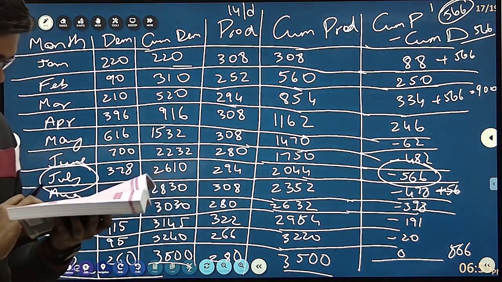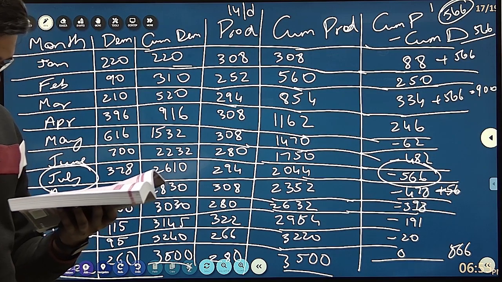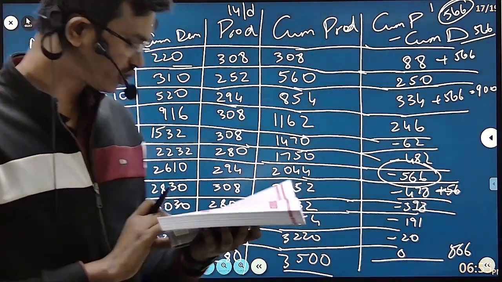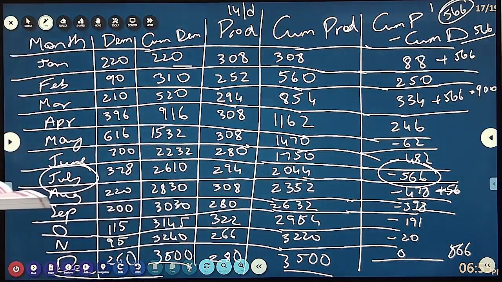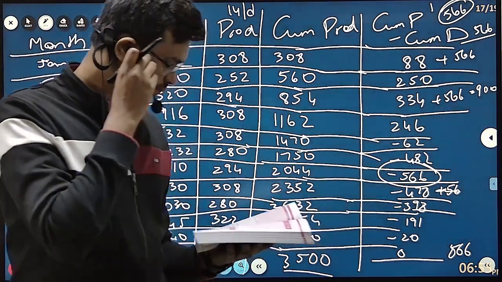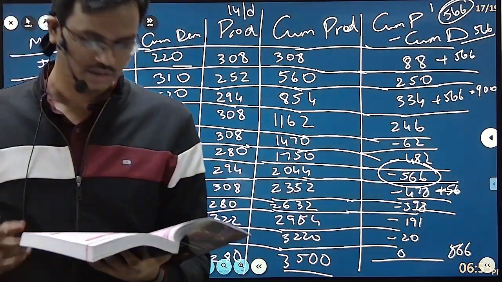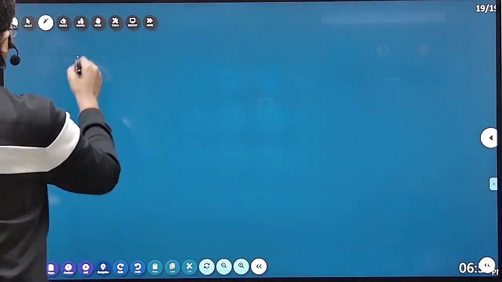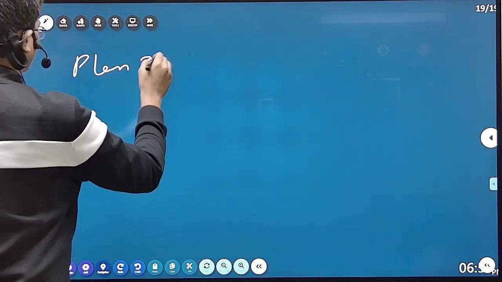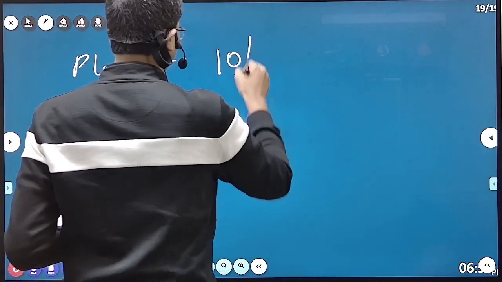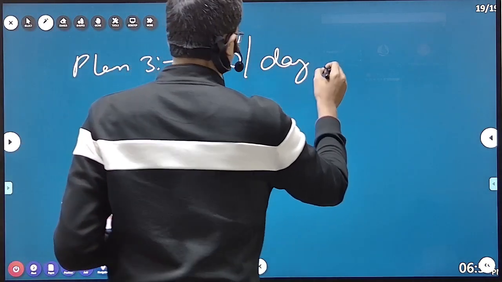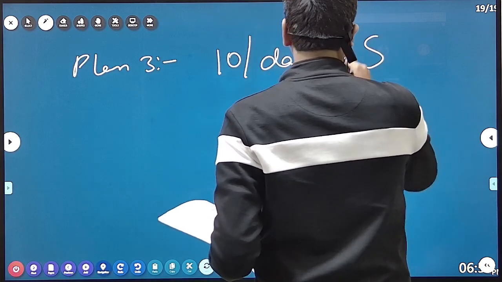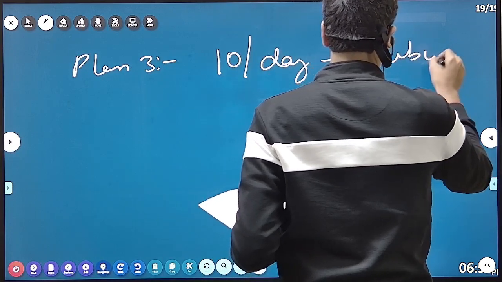The fourth plan is to produce at 10 per day and use overtime to meet additional requirement at a premium of 10 per unit. Okay. So accumulated inventory again is carried forward at 20% cost. Okay. So the difference between plan 3 and plan 4 is, so in plan 3 he will produce at 10 per day, okay, and then plus he will subcontract.